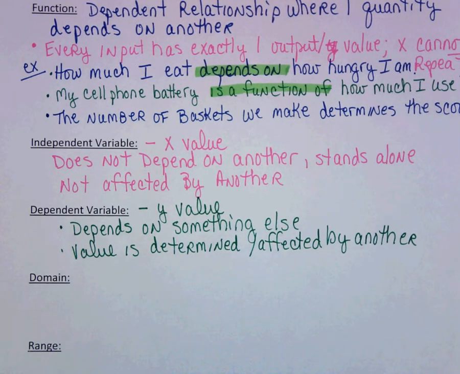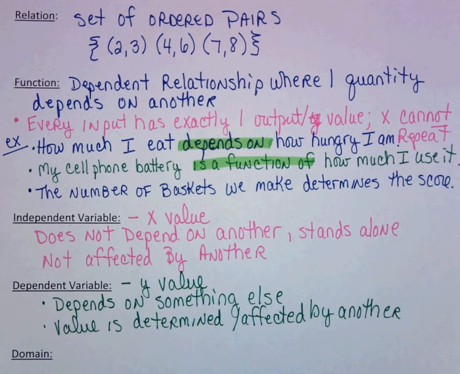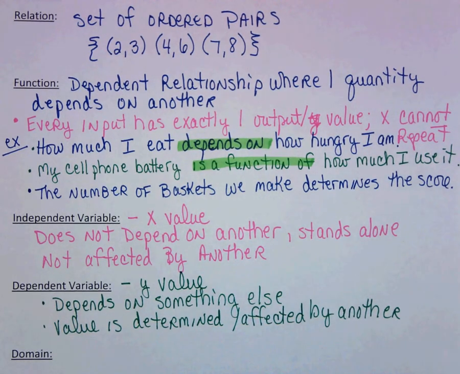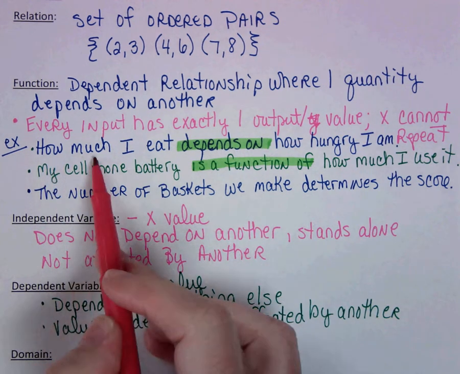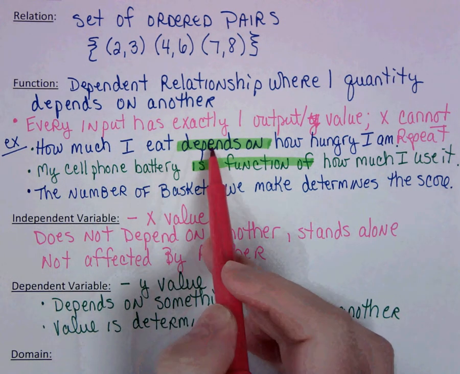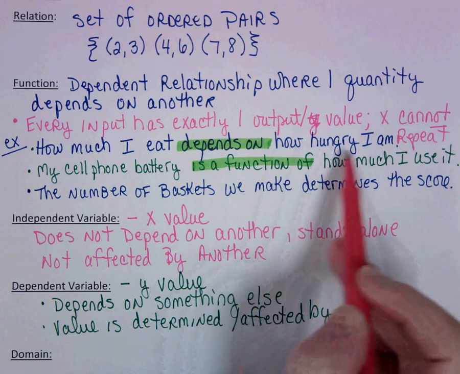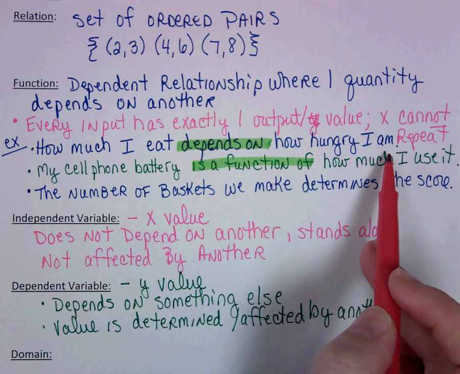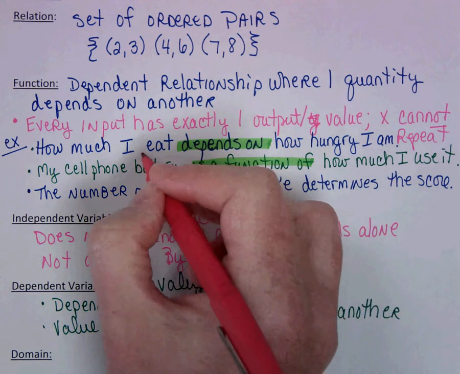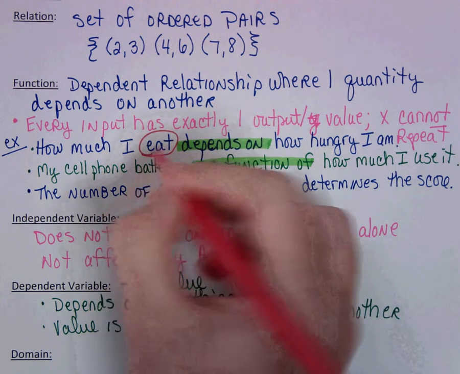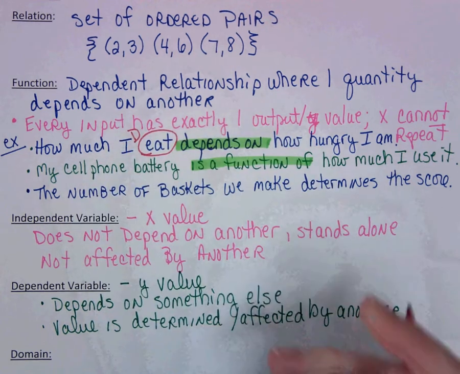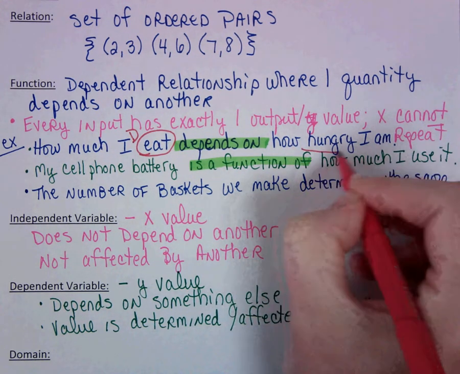Before we move on, I want us to go back and look at our statements here and identify what our independent and dependent variables are. It says, how much I eat depends on how hungry I am. What is doing the depending? How much I eat is my dependent because it depends on my hunger.